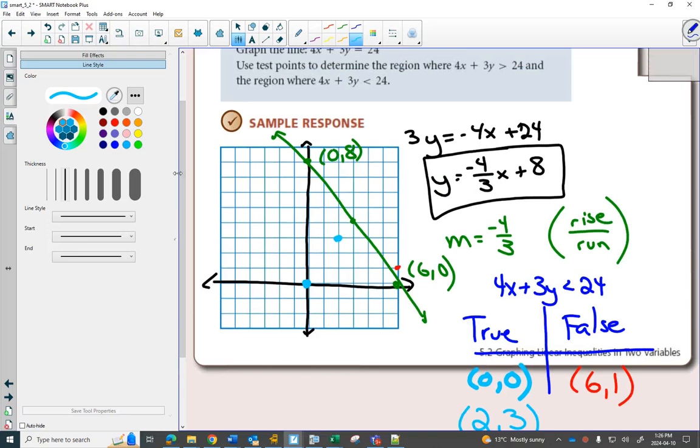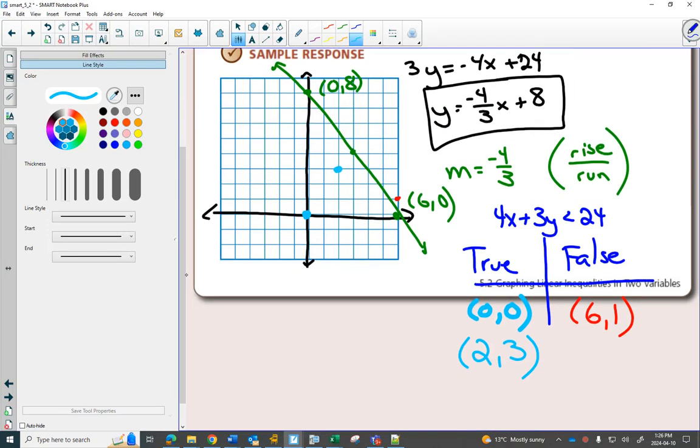Another point. (5, 1). So (5, 1), this will be 20, plus 3. It's so close to not being true, but it's still true. (5, 1). Right there. Awesome.